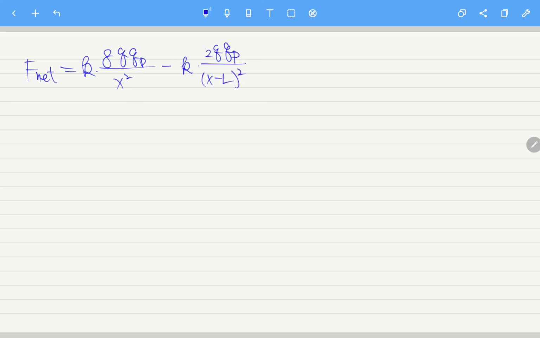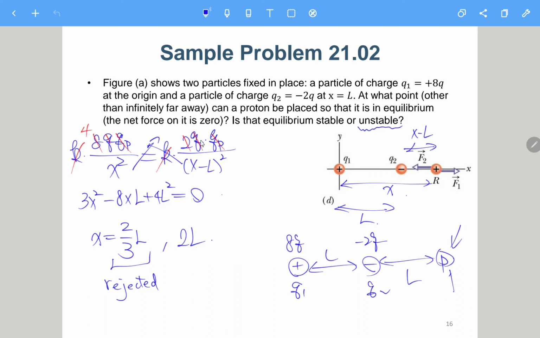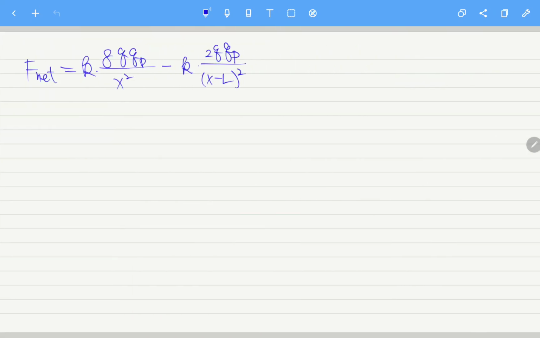I just move this one to the other side, supposing x is not necessarily 2L. So it is the net force.